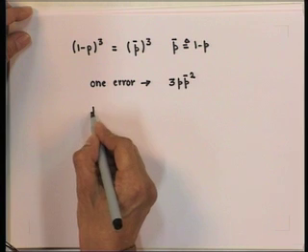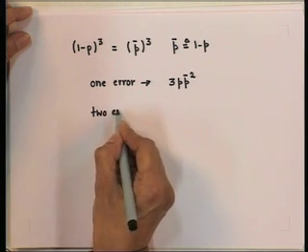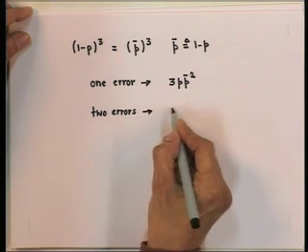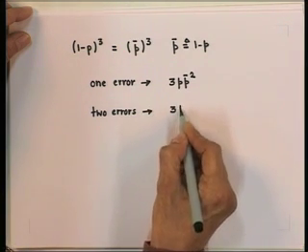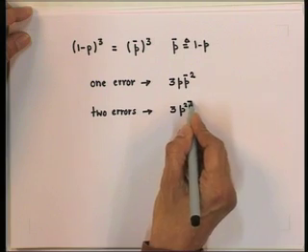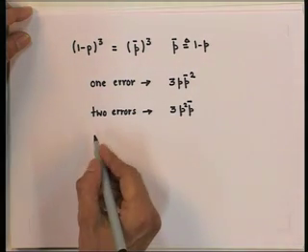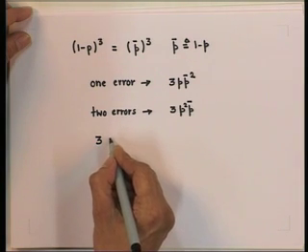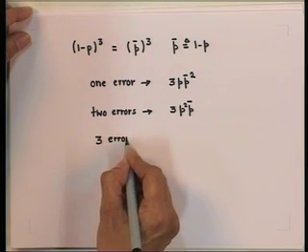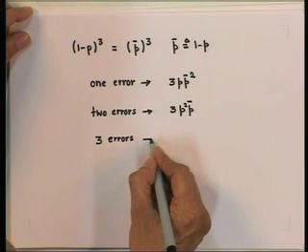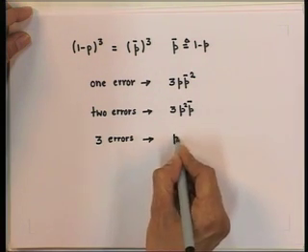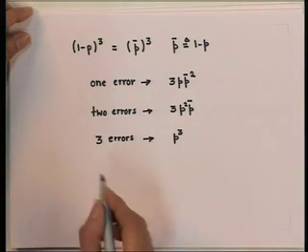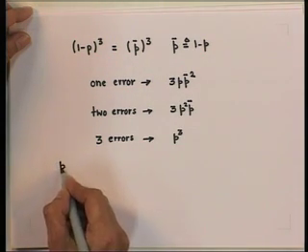The probability of 2 errors is 3p squared p bar, and finally, the probability that all 3 bits are in error will be given by p cubed.